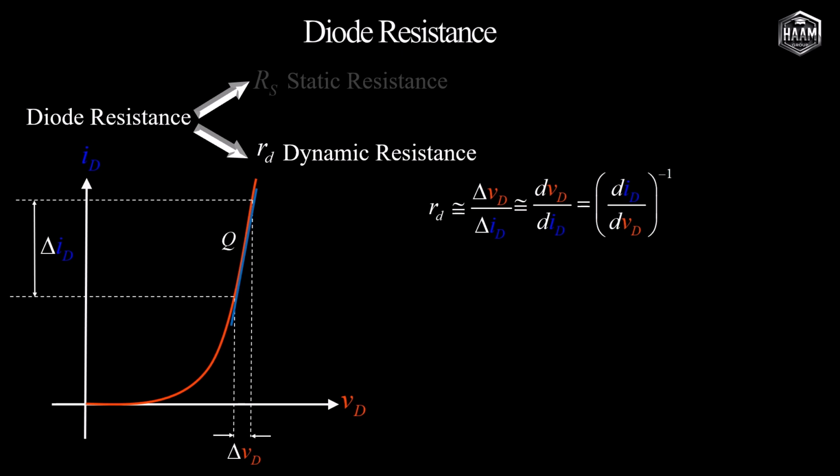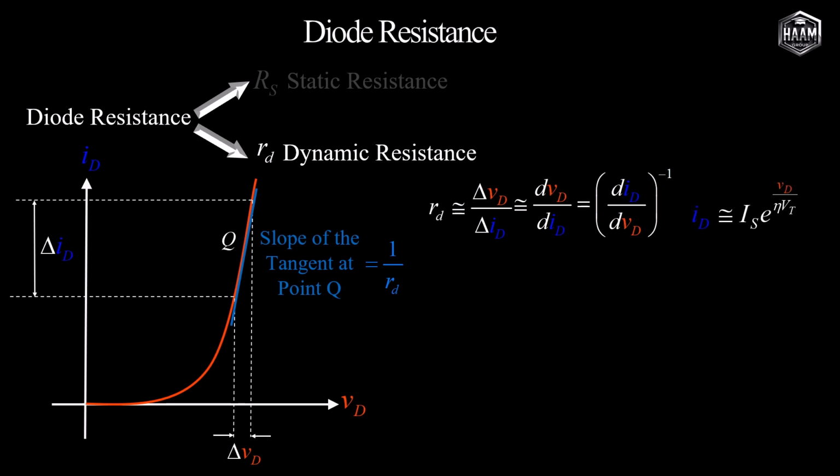Thus, the dynamic resistance is defined as delta V sub D over delta I sub D, which is the derivative of V with respect to I. Since I is typically treated as the independent variable and V as the dependent variable in this context, we may instead compute the derivative of I with respect to V and raise it to the power of -1.